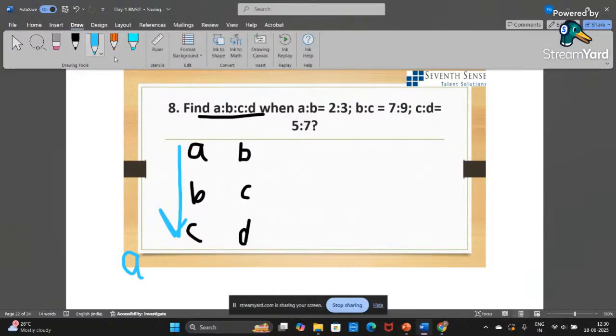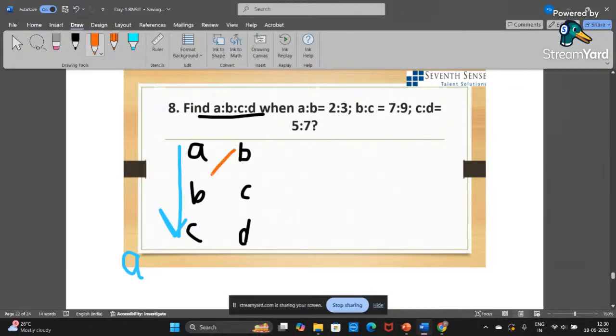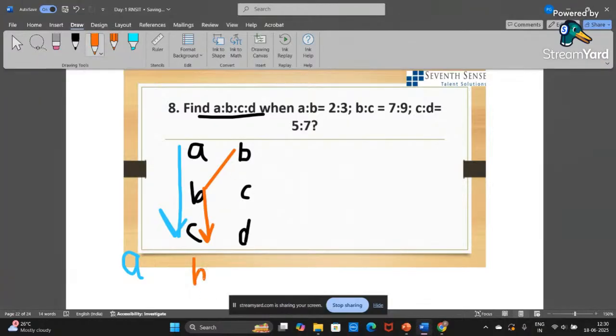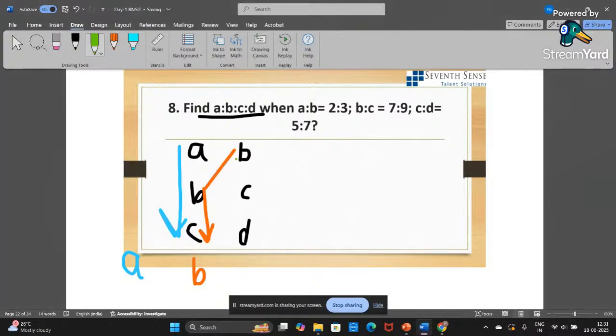To find B, you have to multiply B into C. Then to find the C value, B into, multiplying like this, you'll get B into B into C. To find the C value, B into C into C. You'll get the C value.